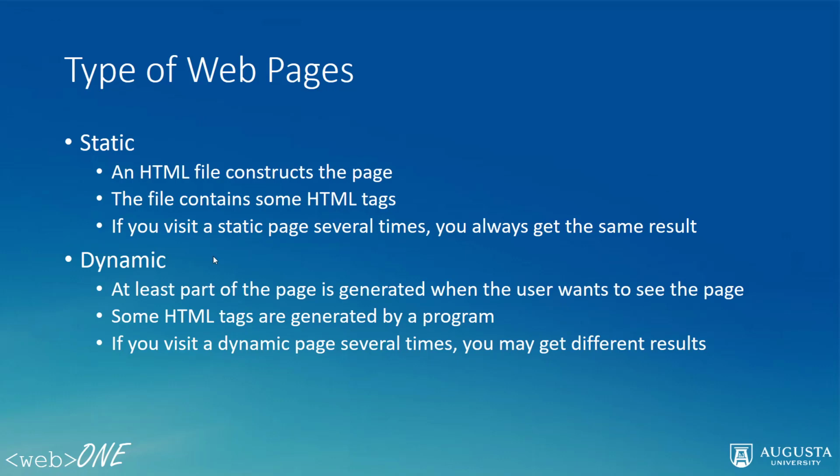If you visit a static page several times, you always get the same result. The second type of web pages are called dynamic web pages. In this kind of web page, at least part of the page is generated when the user wants to see the page. If you visit a dynamic page several times, you may get different results.